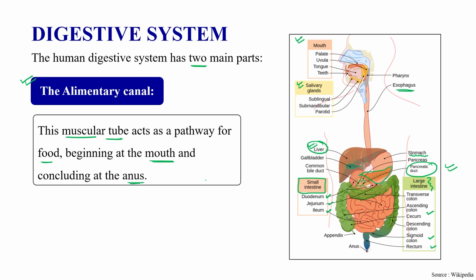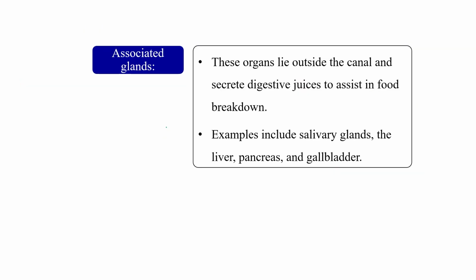So whole organs, whole things which come under this category from mouth to anus, all types of organs come under the alimentary canal category. Okay, and with the animal alimentary canal, as I just said, certain kinds of glands are also involved.